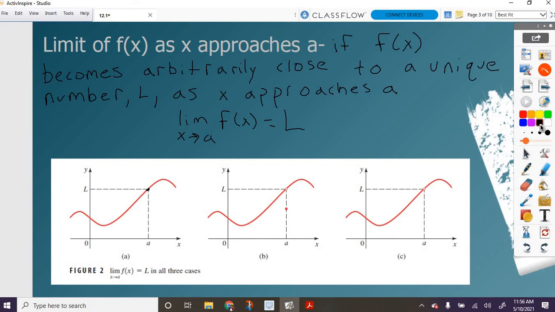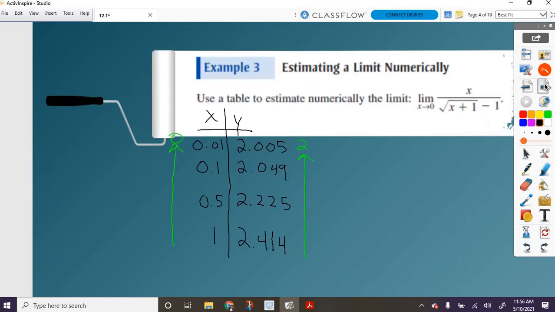Approaches A from either side, then my limit equals that. So notice that on both of these, my left and right side are both approaching the same thing. So we have to check our other side of our value.